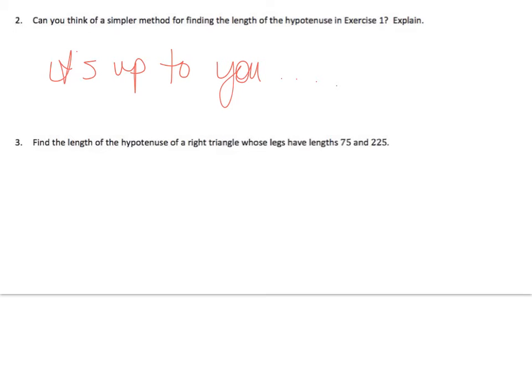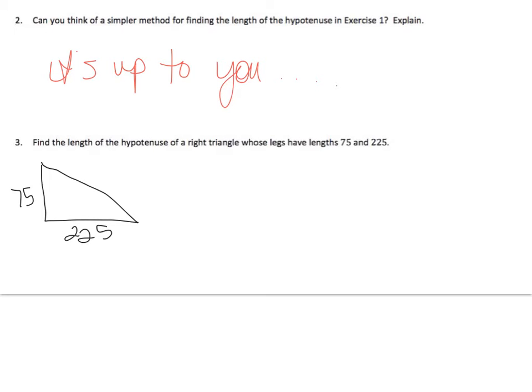lengths of 75 and 225. I'm going to draw the triangle just so you can see it if you'd like to. Oops. If you could read it. Let's see if we can use a different method to solve this, rather than the Pythagorean theorem. It might help someone.